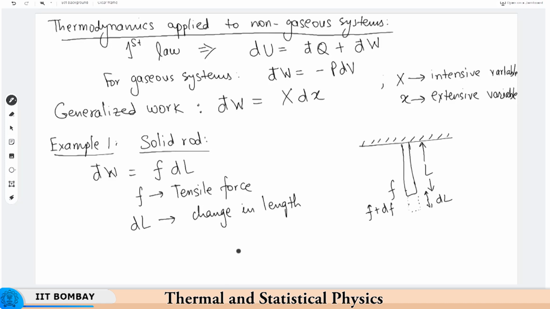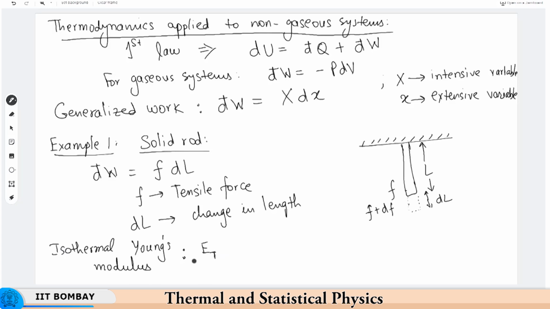And there is something very useful quantity which we define as an isothermal Young's modulus. Usually when we are dealing with rigid rods, there is a material property which we define as the isothermal Young's modulus, denoted by the symbol ET.